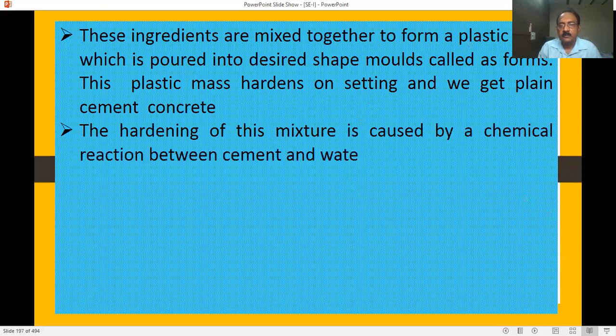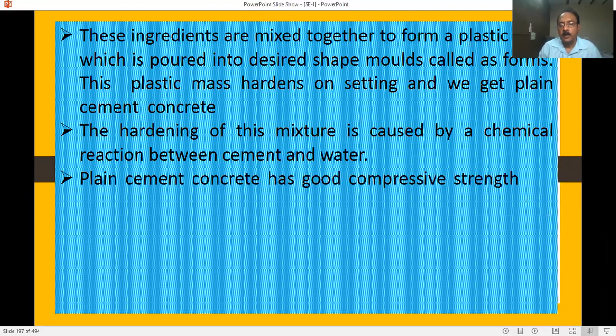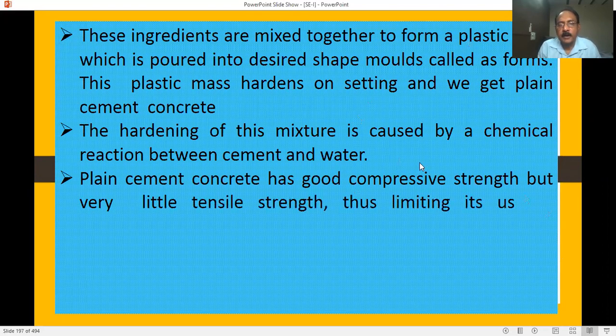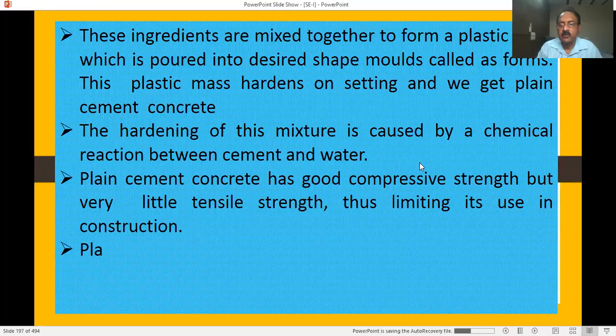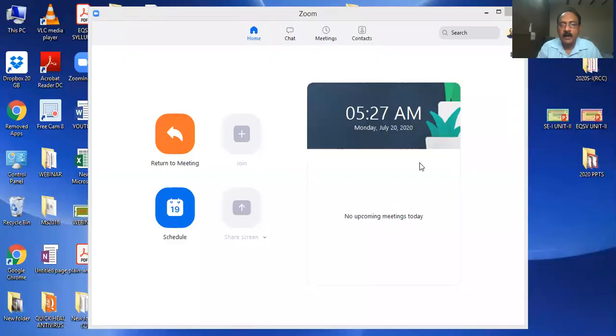Suppose you want a column shape, footings, foundation, columns, beams, slabs, whatever your structural element may be, these are mixed together to form a plastic mass, and this mixture is poured into desired shape molds, the forms. This plastic mass hardens on setting, and we get plain cement concrete.